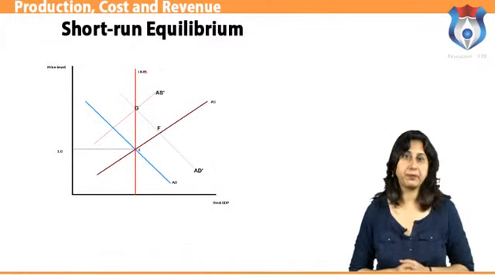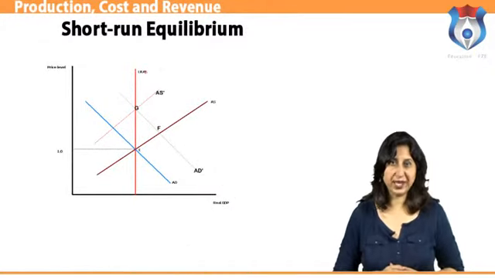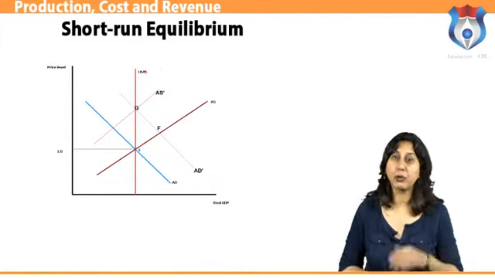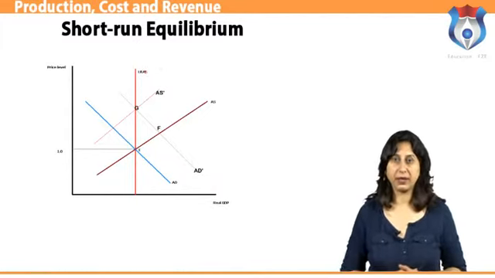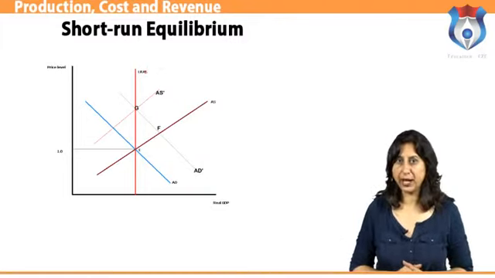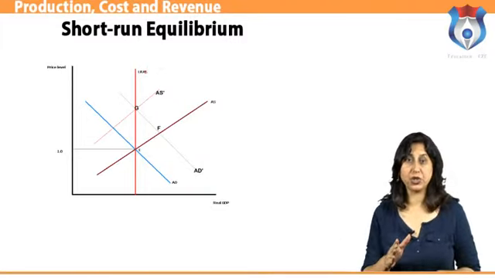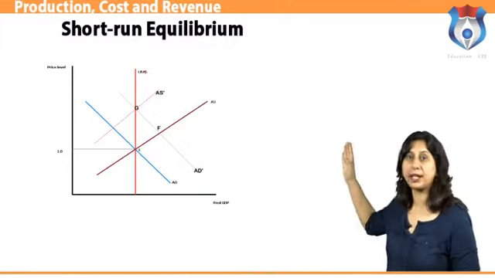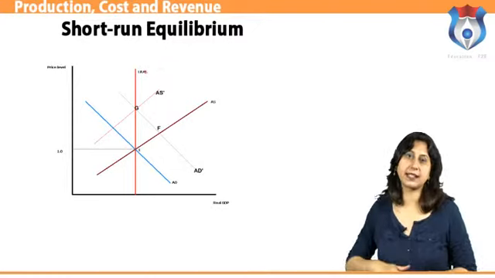Short-run equilibrium. I hope you understood this concept that I just explained. Now we will move further and study short-run equilibrium. The equilibrium in the short run is shown by the intersection of the aggregate demand, AD, curve and the short-run aggregate supply, SAS, curve.